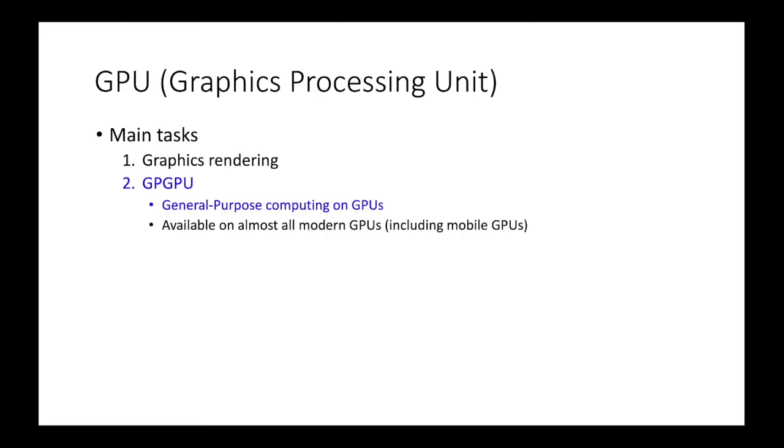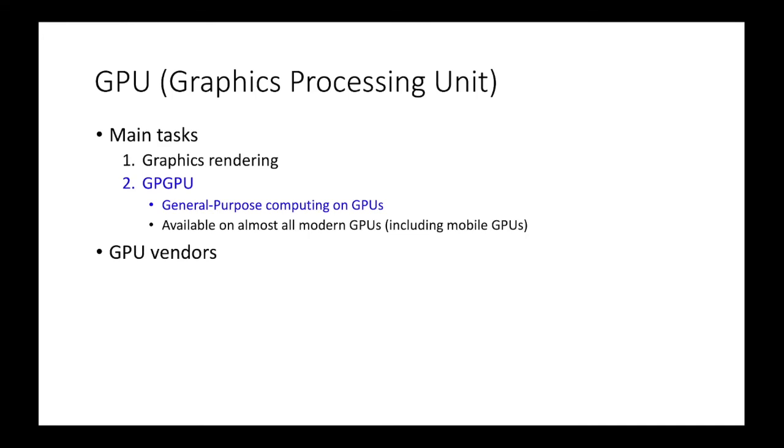Now let's talk about the last type of DLP processors, the GPU. The GPU's main task is graphics rendering, but since 13 years ago, we use the GPU as a general purpose accelerator, and it's available on almost all modern GPUs.